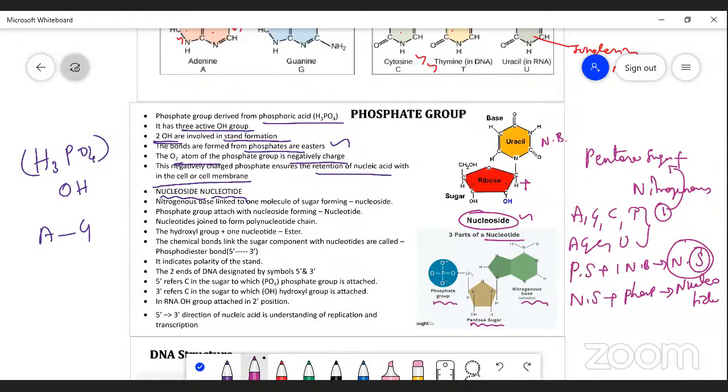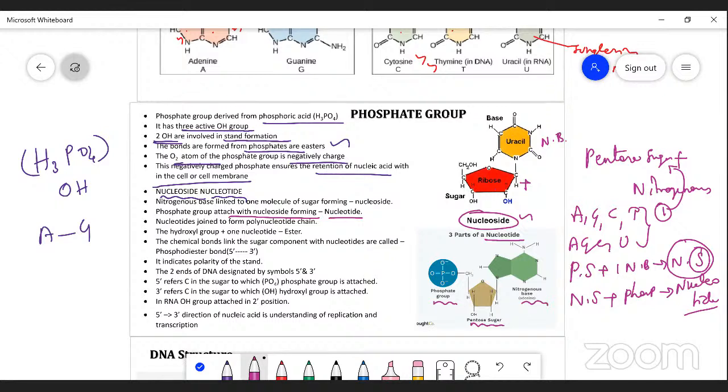With the nucleoside, the phosphate group is attached, forming the substance called the nucleotide. The question they will ask: differentiate between nucleoside and nucleotide.